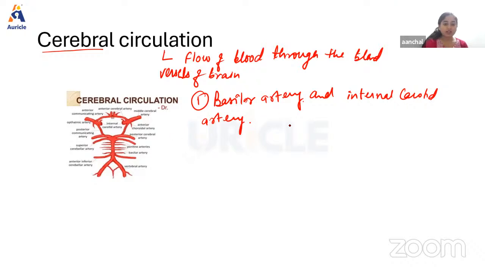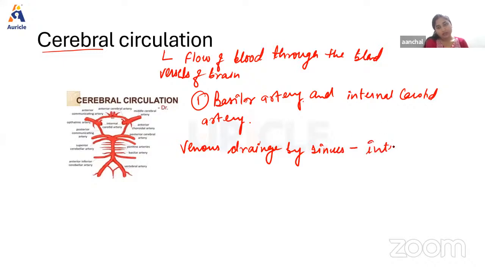Okay, that forms a circle of Willis, as we can see in the diagram also. Now, the venous drainage is by the sinuses which open into the internal jugular vein.